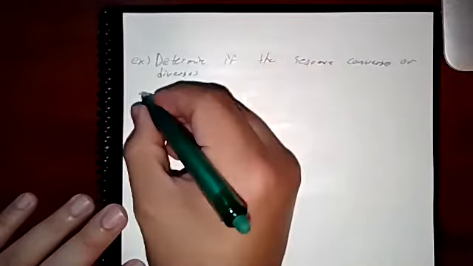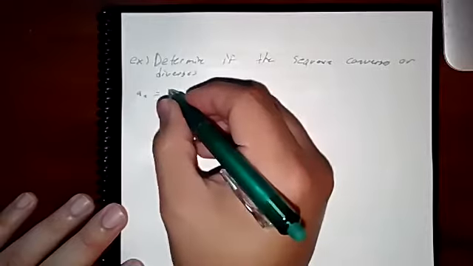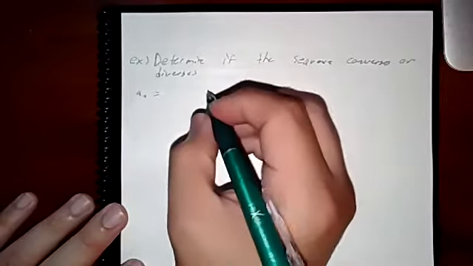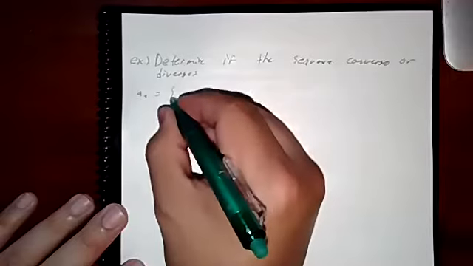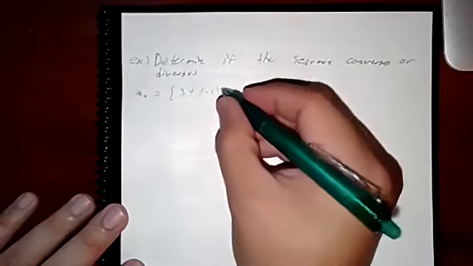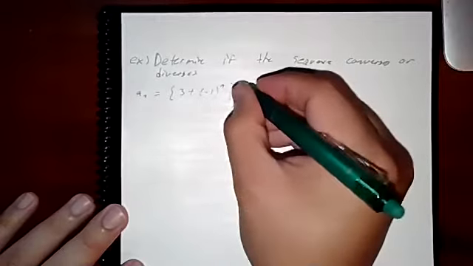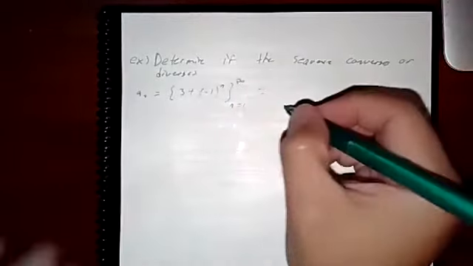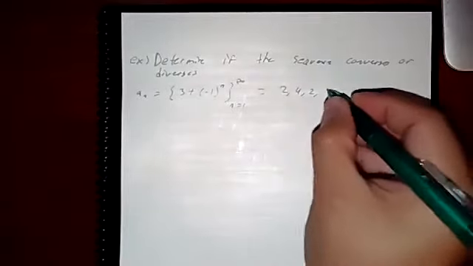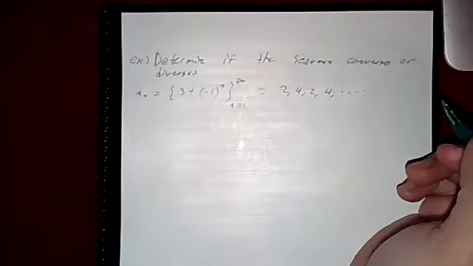So I'm going to use the same one from earlier, and let's see if it makes sense. I remember how we found that pattern, right? It was going to be 2, 4, 2, 4, forever. Does this converge?